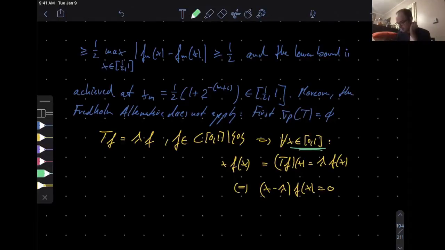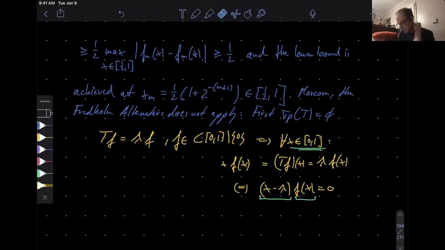Yeah, but how can this only happen? Notice this bracket here, it vanishes only at one point, namely x is equal to lambda. Yeah, but this whole identity has to hold for all points in [0, 1], so this can only happen, remember you're dealing here with continuous functions, if that function is identically 0, right? And that's why you don't have any eigenvalues, okay?